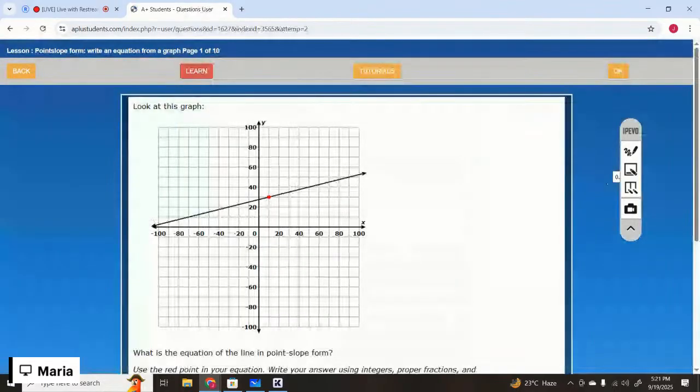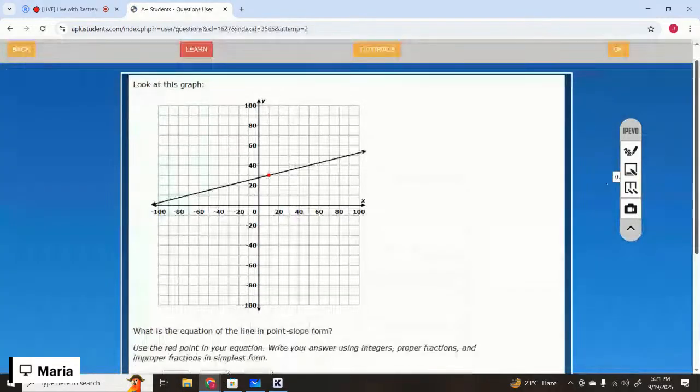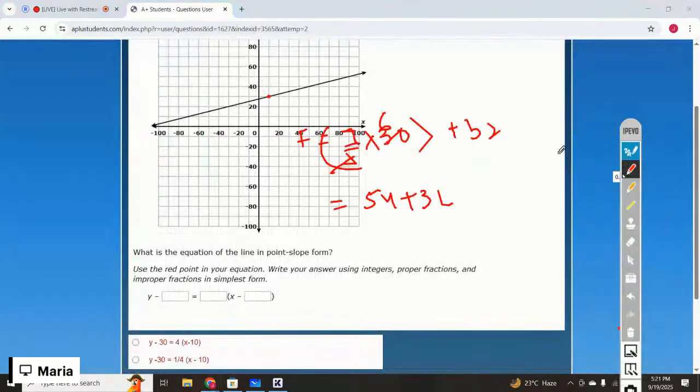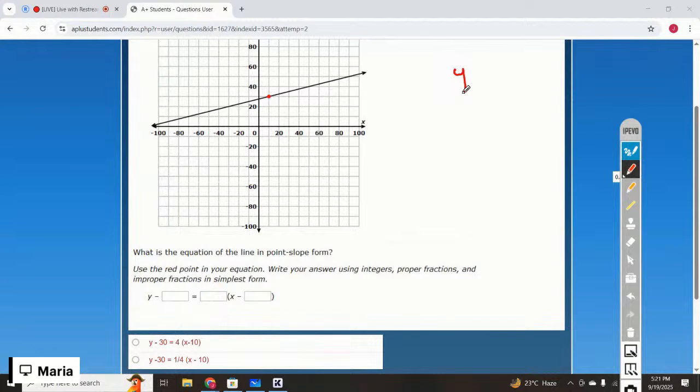Look at this. What is the equation in point slope form? So the equation is y minus y1 equals m times x minus x1, right?